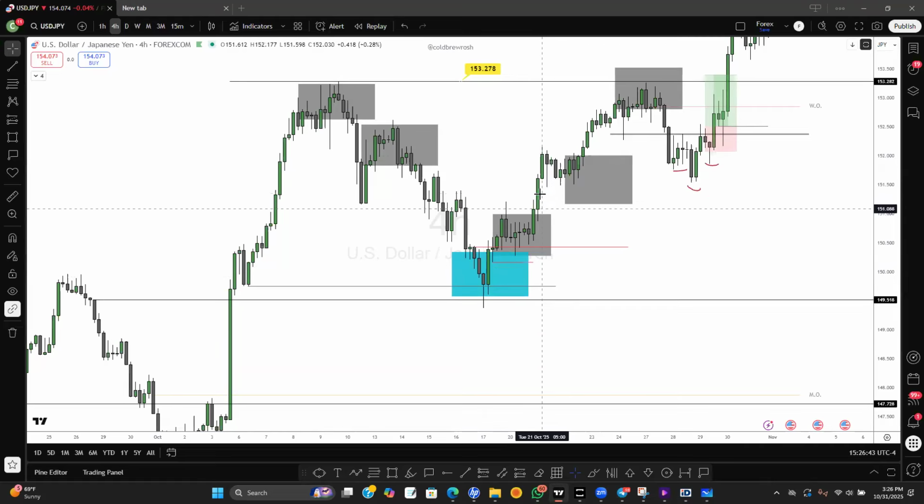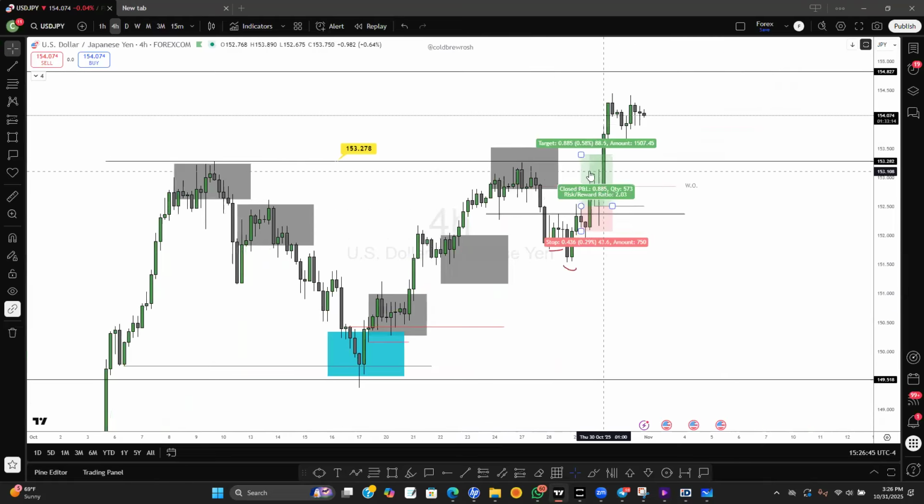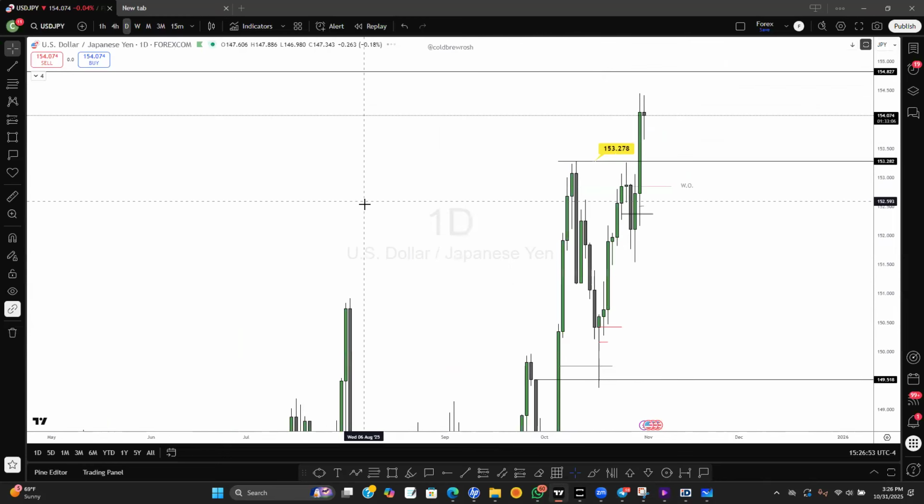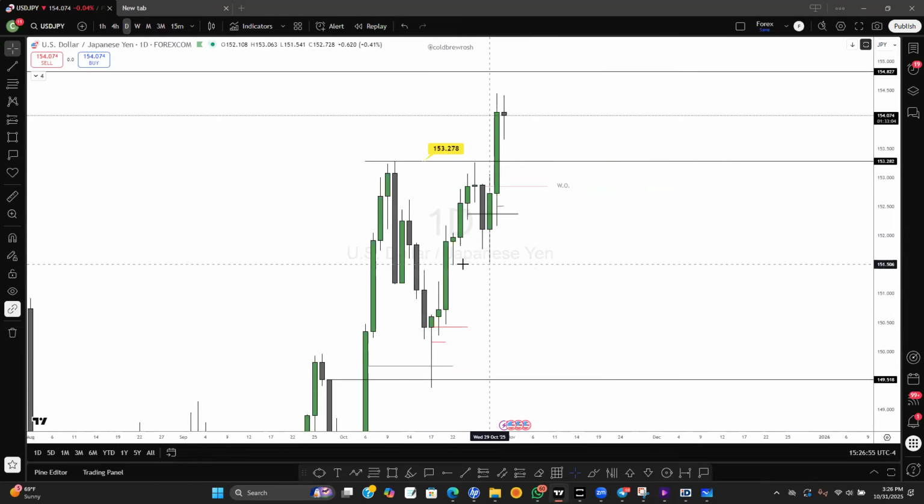You guys can see buy side imbalances are respected. This was an execution that we took this week, just understanding that, hey, we created equal highs, price ran back lower into a just missed the fair value gap. All right, but this could be a case of just different market fees. I don't know. But nonetheless, this is a pullback, right?